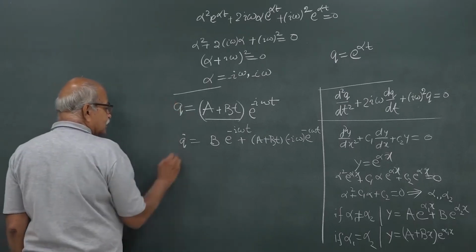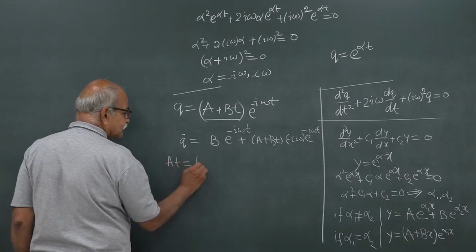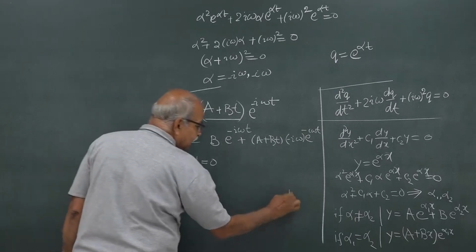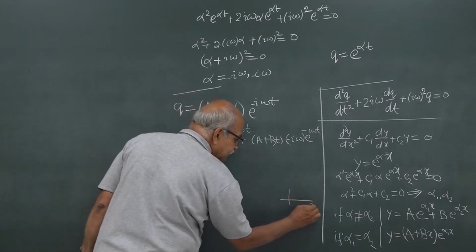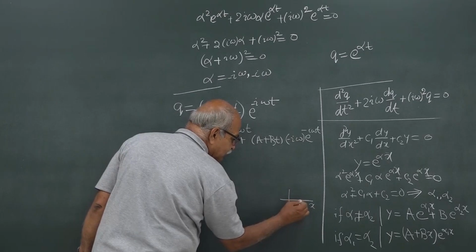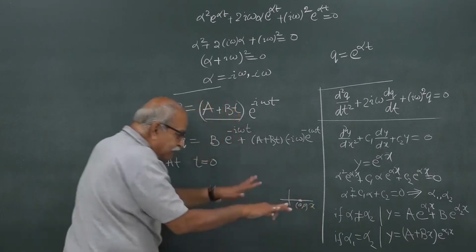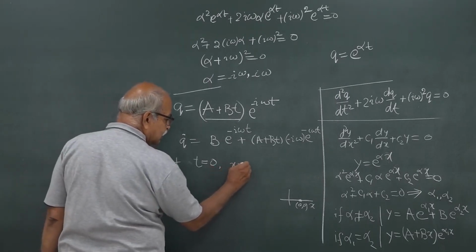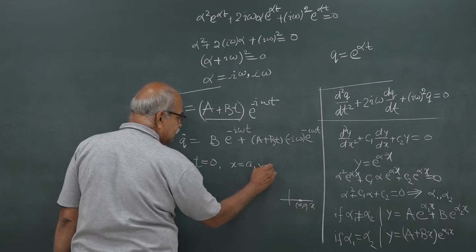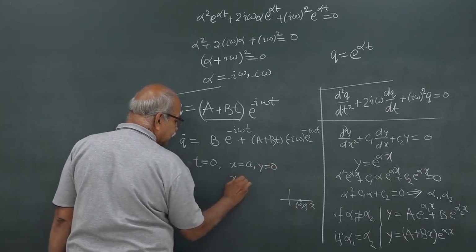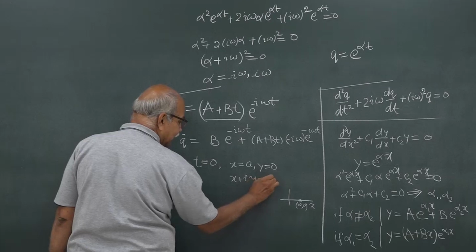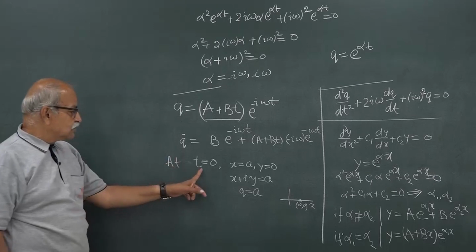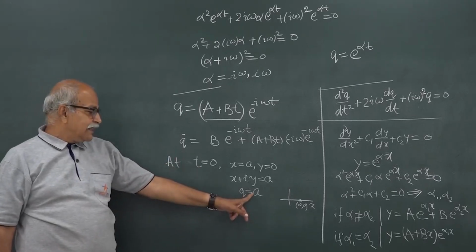So, let us say what happens at t equal to 0. At t equal to 0, we have released the particle from a, 0 on this xy plane. Okay. So, x is equal to a, y is equal to 0, therefore, x plus i y is equal to a, and therefore, q is equal to a. At t equal to 0, q is equal to small a.